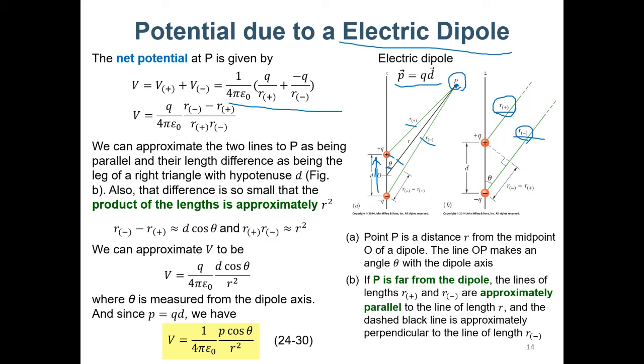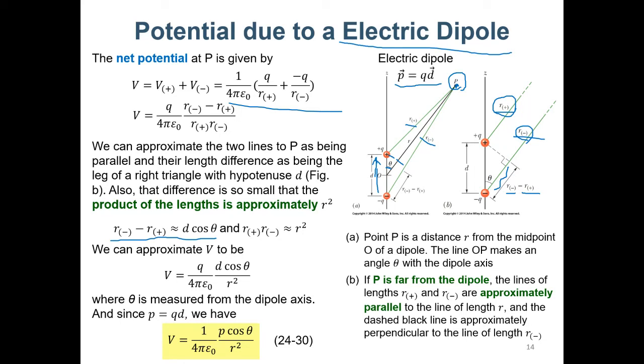So in this case, we can draw a perpendicular line here, and then r minus minus r plus is this one, which is d times cosine theta. So we have an approximated equation like this.